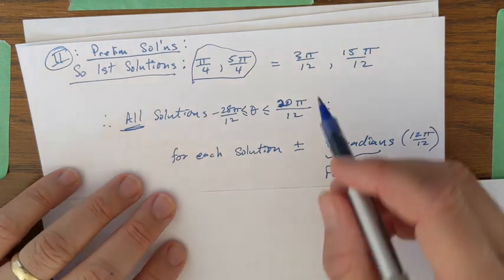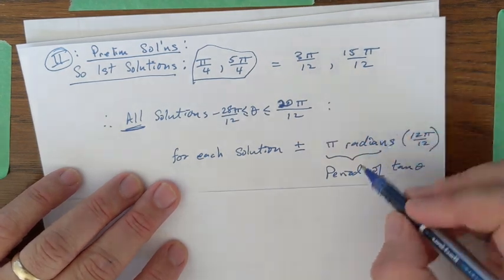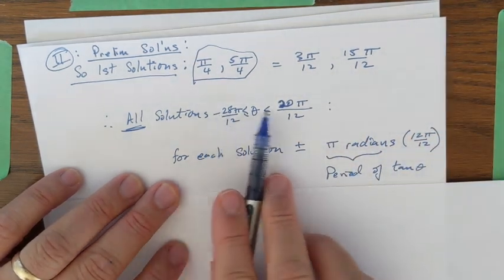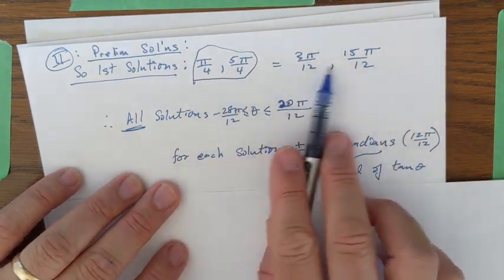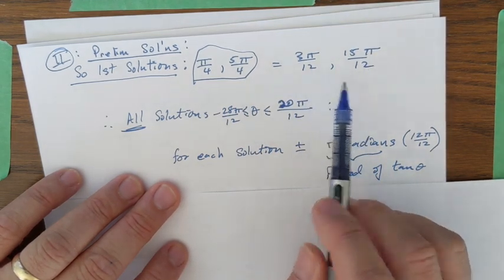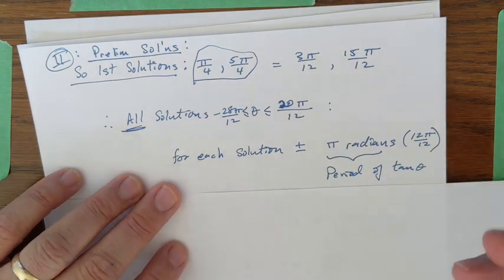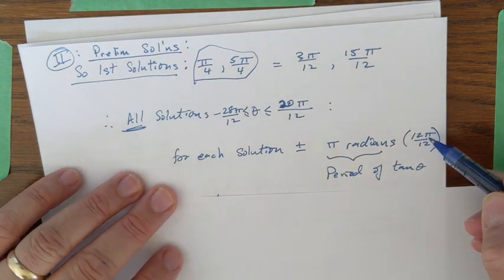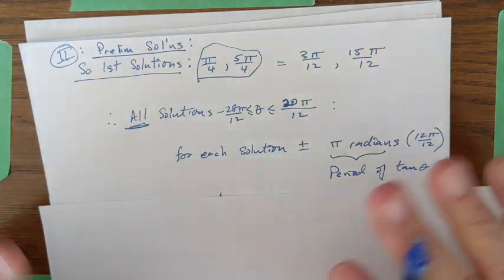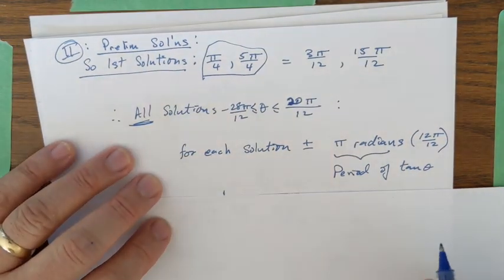So now the period of the tangent function is pi radians, right? So I'm going to take these 2 solutions, here they are restated in twelfths. I'm going to take these 2 original solutions and I'm going to go up and down pi radians from there, right? So 1 pi being 12 pi over 12, again, just to keep everything in the same unit of measure, right?